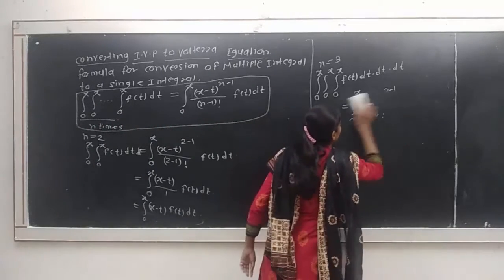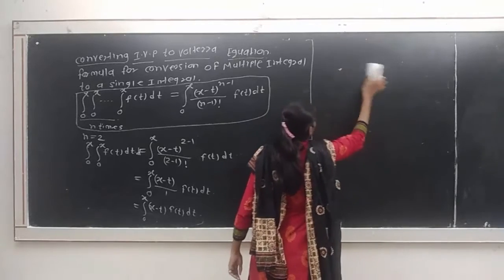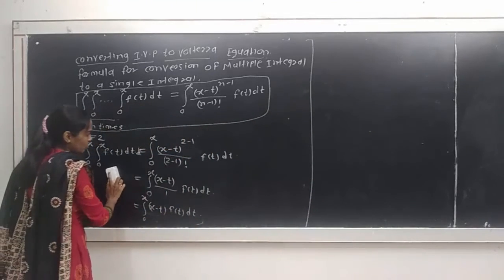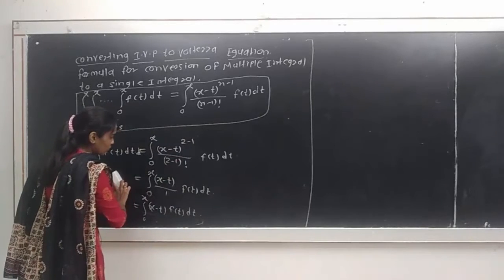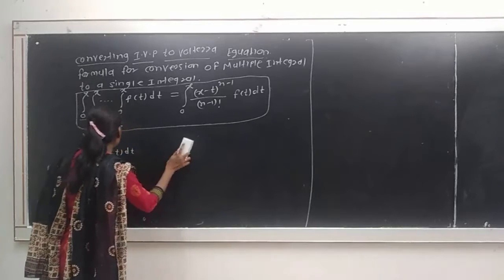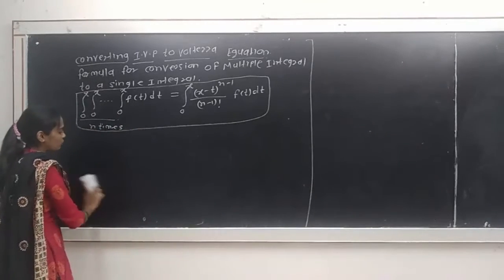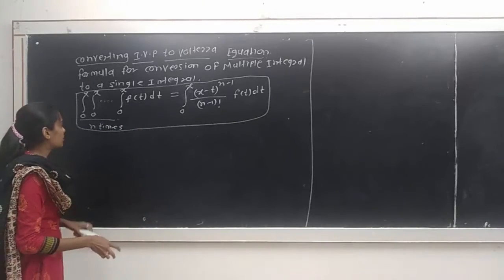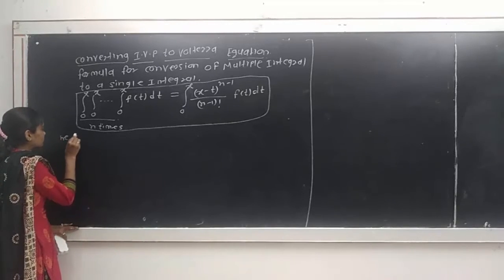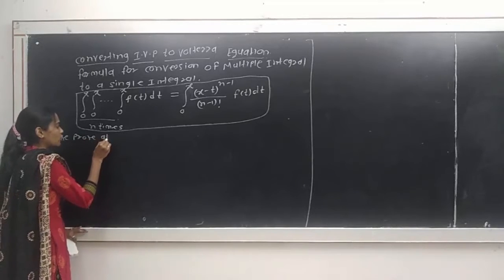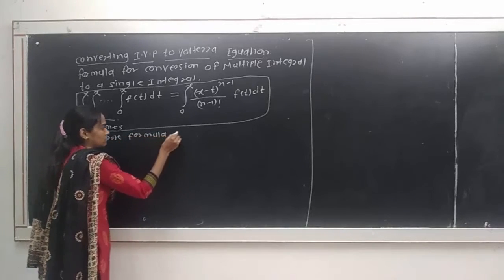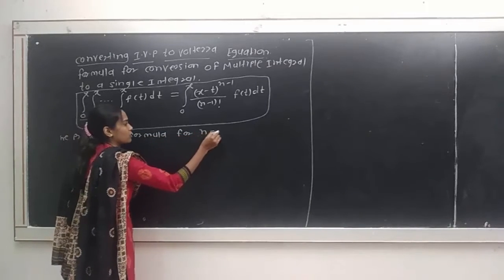We see the proof only for n equal to 2, and from that we can easily prove the formula for any finite number. So we prove the above formula for n equal to 2.